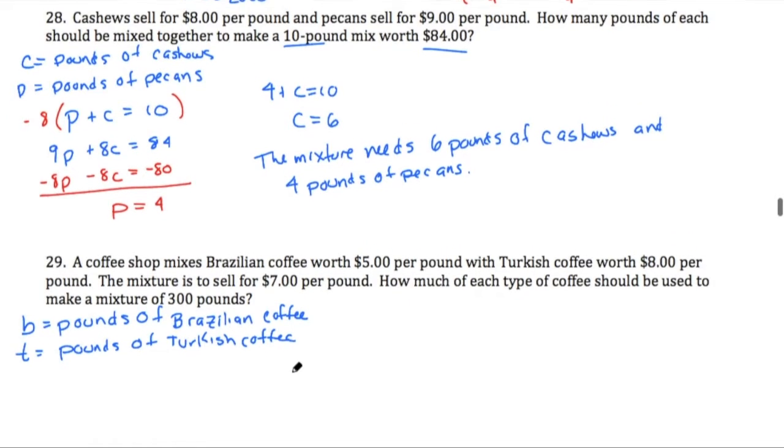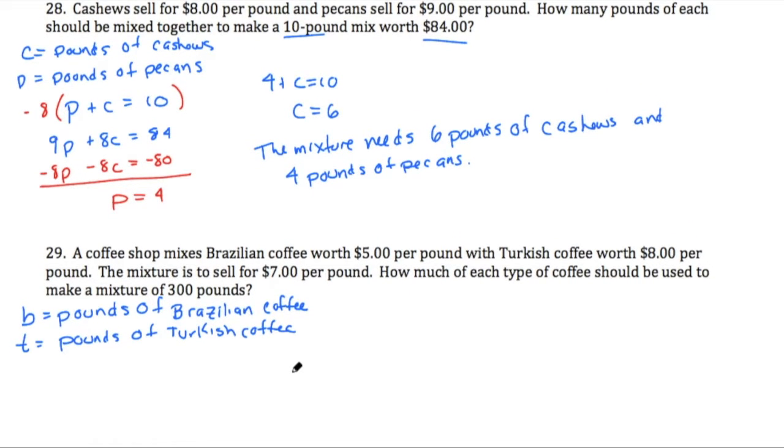We know that there must be 300 pounds of the mixture all told. So B plus T equals 300.